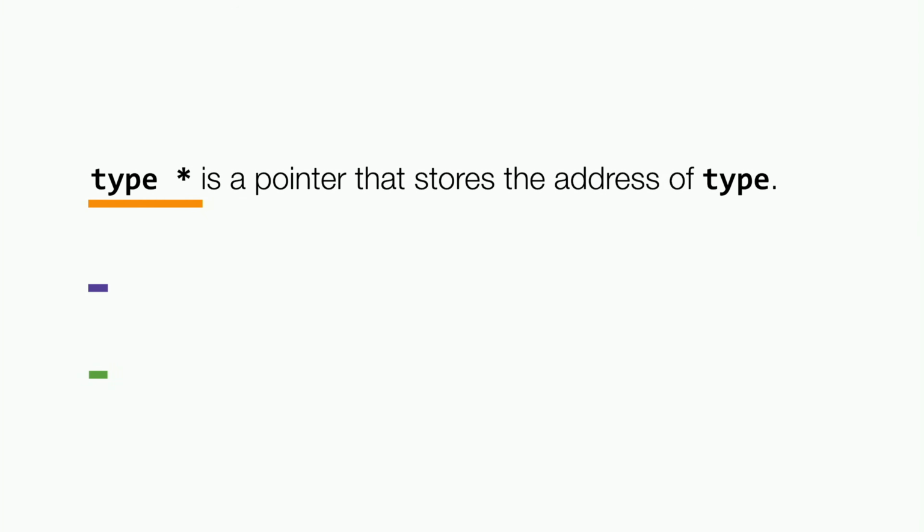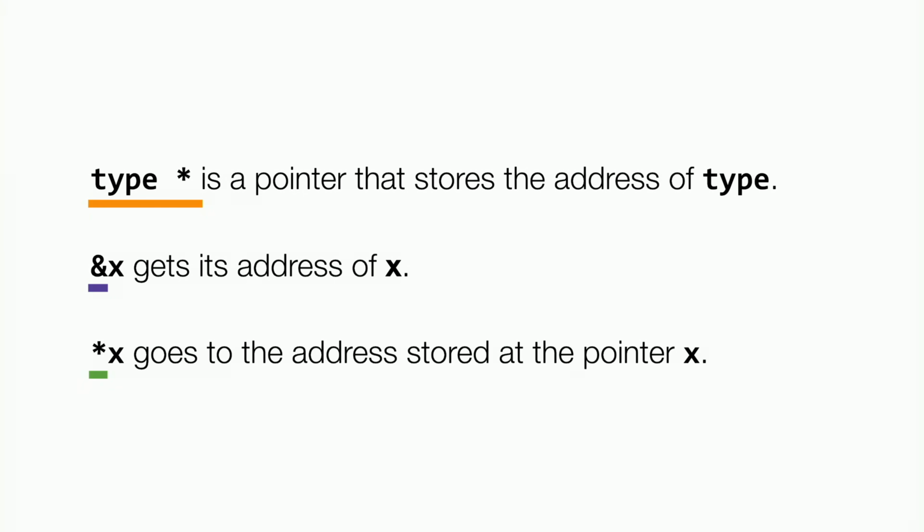So type could be an integer, a character, a float, etc. Ampersand x gets the address of x, where x is some variable. And star x goes to the address stored at the pointer x. So in this third scenario, the x is referring to some sort of pointer that we have, and star goes to the address that is stored at that pointer.